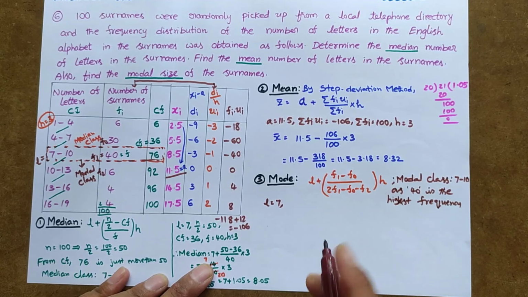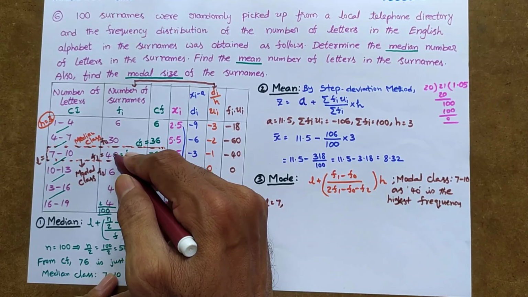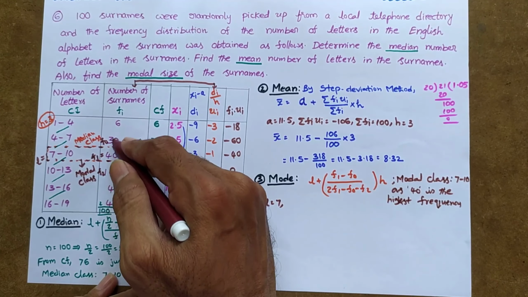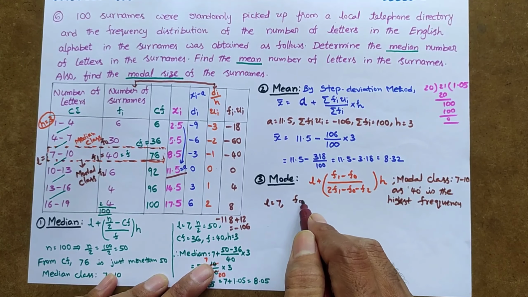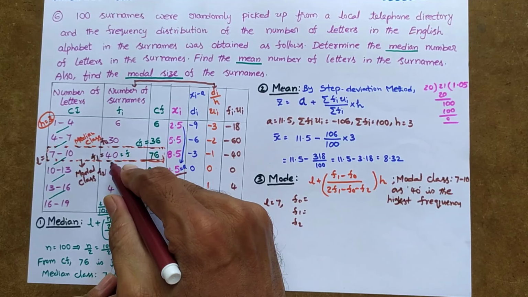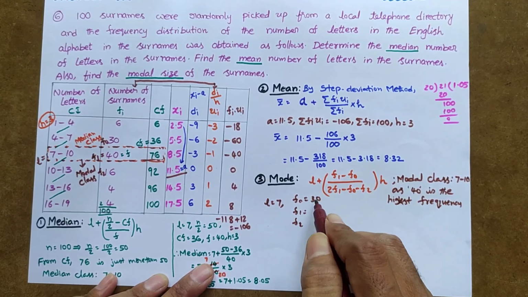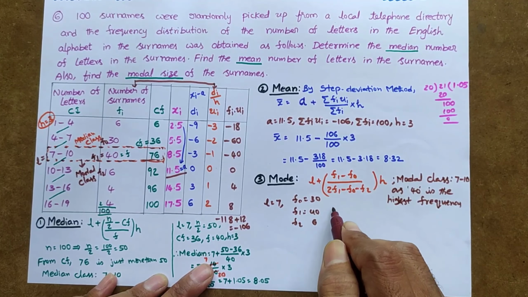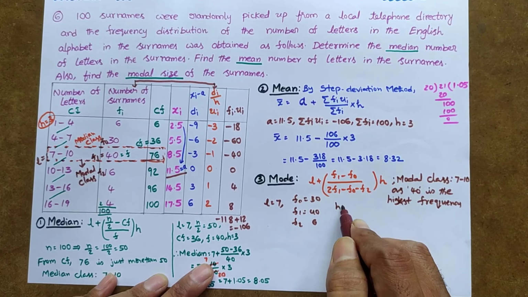So we got L equal to 7. F0, F1, F2, these three can be written as it is. So F0, F1 and then F2 are 30, 40 and 6, and we have H value as H is equal to, you see here, 3.